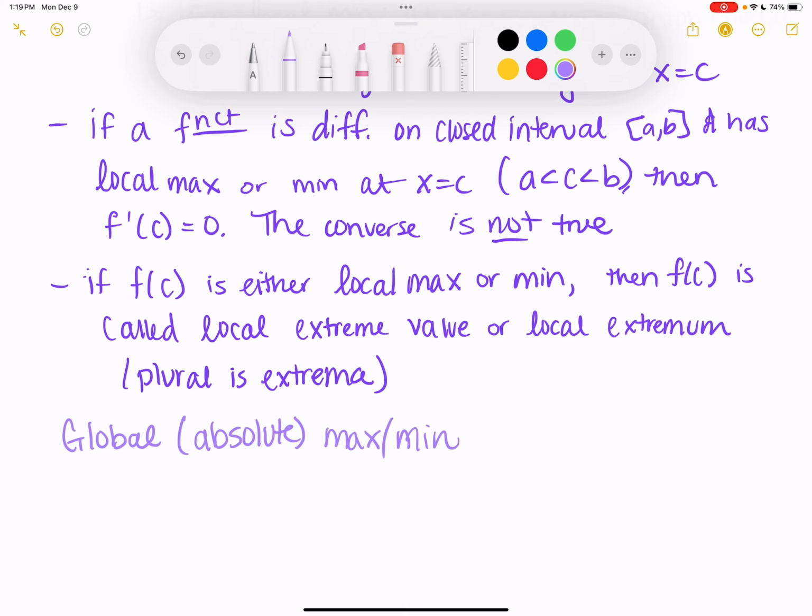Datum. Alright, global or absolute max and min.